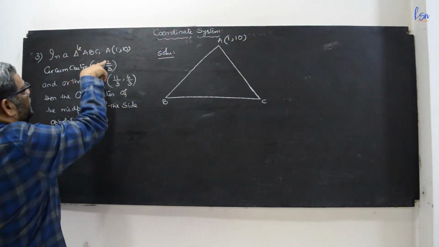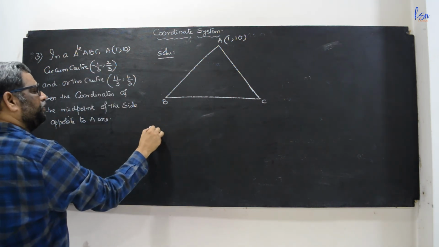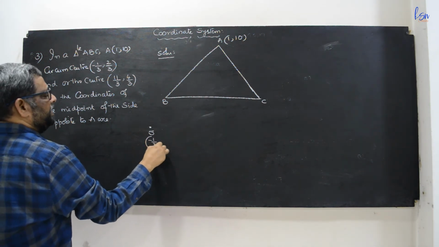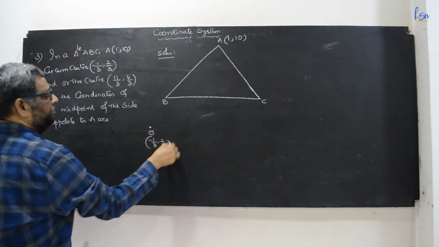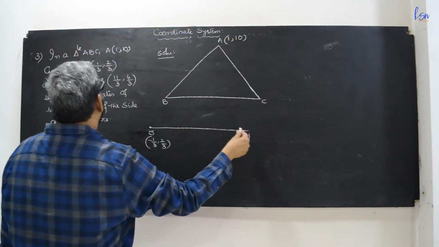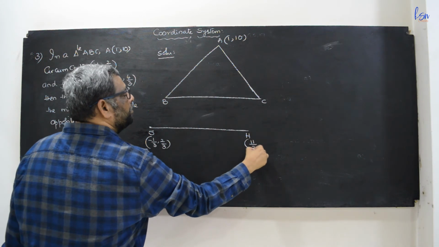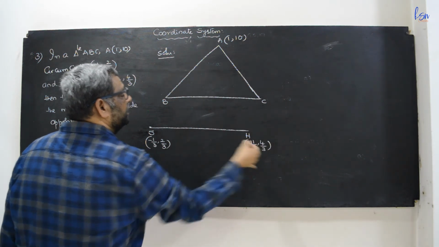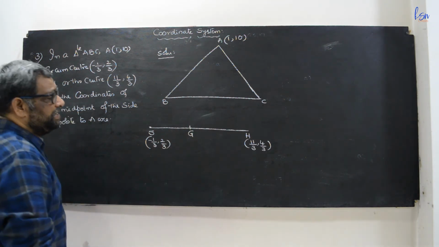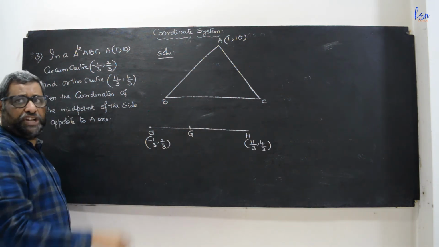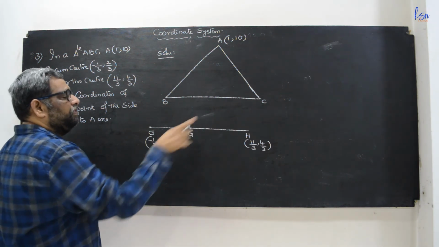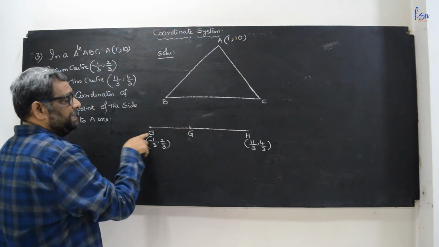It is given that the circumcenter, for example, if you call this circumcenter S, is minus 1 by 3 comma 2 by 3, and this is the orthocenter given to be 11 by 3 comma 4 by 3. Now the circumcenter, centroid and orthocenter are collinear, and the centroid will be the point of trisection of the line segment joining the circumcenter and orthocenter.